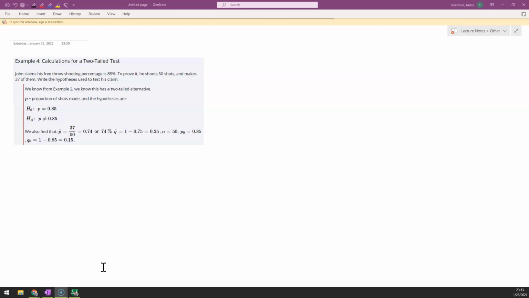Well, using our formula, again, our test statistic is just going to be how far away, as a z-score, our observed values are from what we expect, which is the 85%, assuming he's telling the truth.